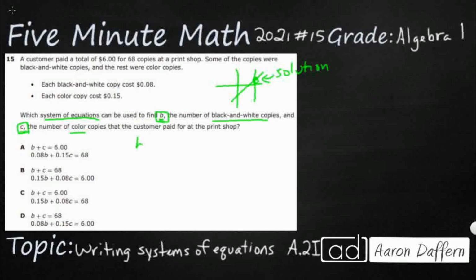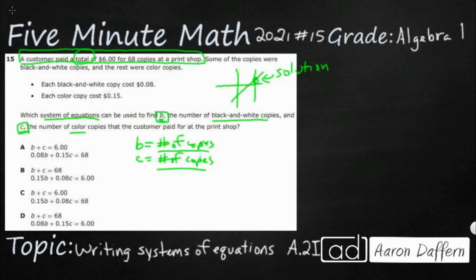B equals number of copies, C equals number of copies. The only difference is one is color, one is black and white. But we need to make sure we're paying attention to number of copies, because our very first equation is going to use this exact sentence right here at the very top. But they give us two different things.